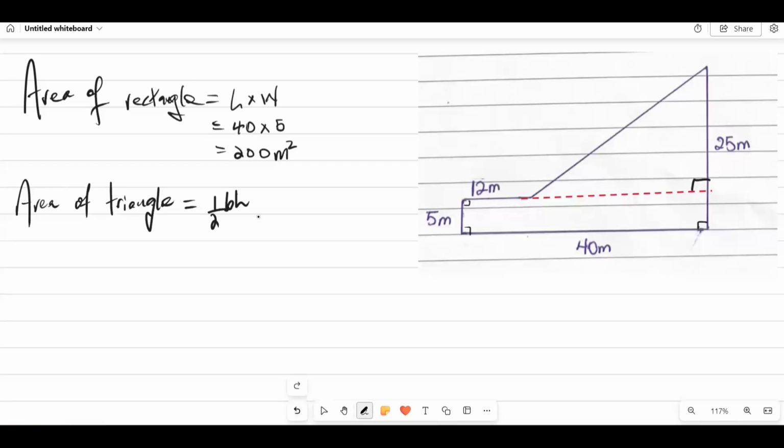Now let's look, we're trying to work on the base first. If I remember that this here is 12, so the entire line here is 40. So if I take 12 from that 40, I'm going to get 28. And this is suggesting that this red line here is 28 meters long.